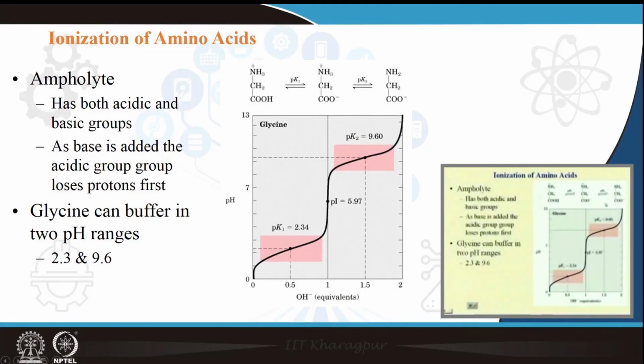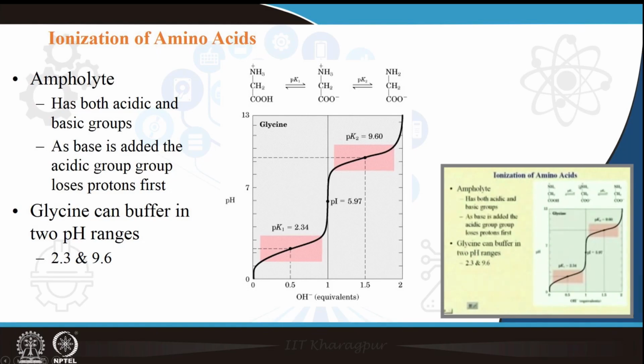Now I keep on going with the titration. Then when I come to this point, what do I have? I have equal amounts of this form, which is now my A minus, and my HA, which is this, right?